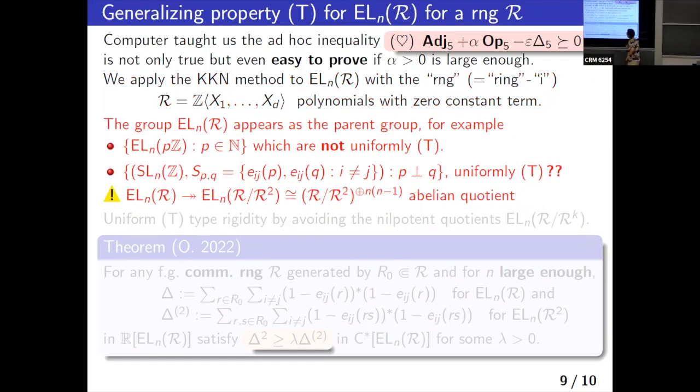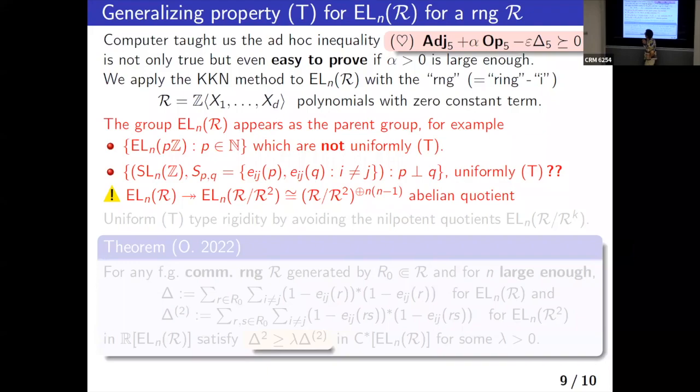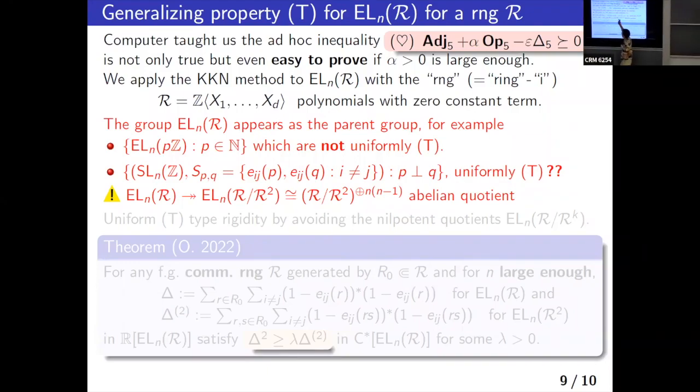Actually, it appears as a parent group, for a group like EL_N(Z/pZ). This has property T because it's a finite index subgroup in SL_N(Z). But as p varies, this group does not have uniform property T. That is, the Kazhdan constant is not uniform; it gets worse and worse.